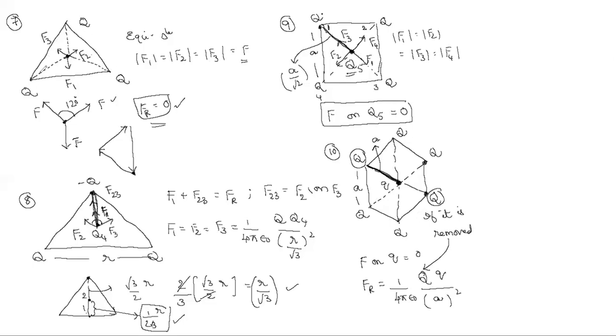Triangle, square, hexagon, or pentagon, anything, you will get only one force if one of the charges is removed. So this is a shortcut now. No need to calculate the total F1, F2, F3, F4, F5. It is just equal to one of the forces.